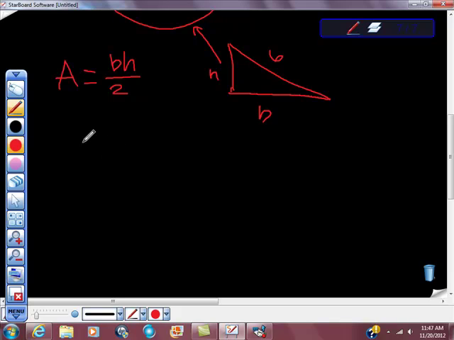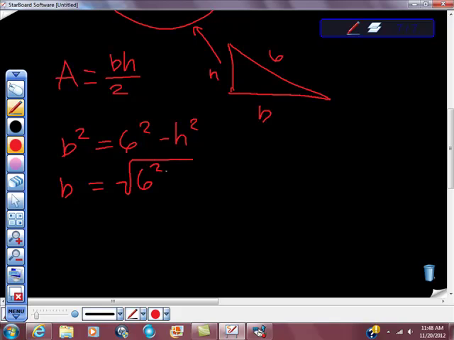So base squared is equal to 6 squared minus h squared, because of the Pythagorean theorem. To solve for b, we're going to take the square root, so b is equal to the square root of 6 squared minus h squared.